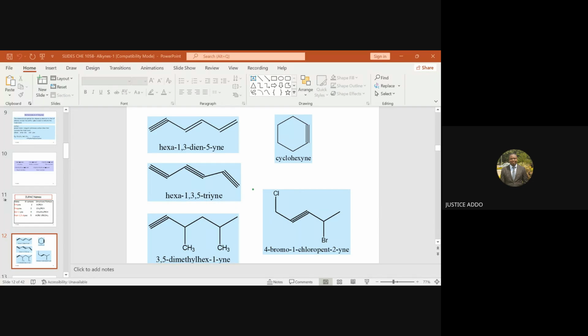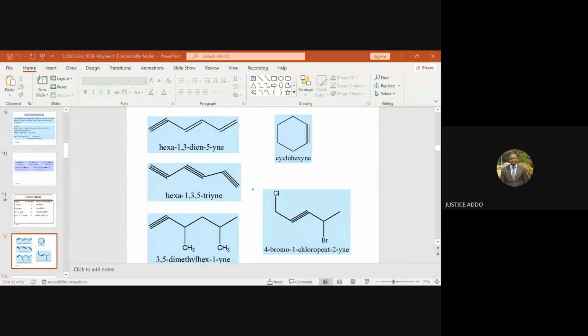So if I'm to summarize, if you have a triple bond without a double bond, always number so that the triple bond is given the least number. If you have a triple bond and then a double bond, still the idea is that the triple bond should be given the least number.